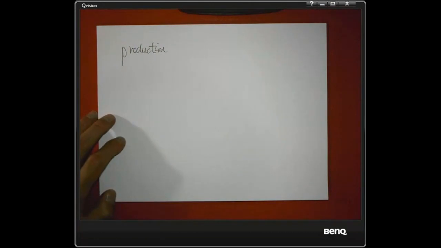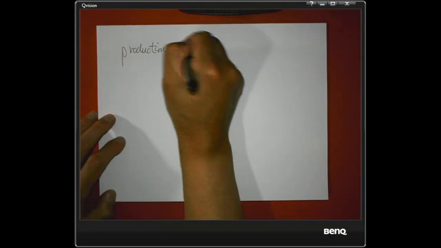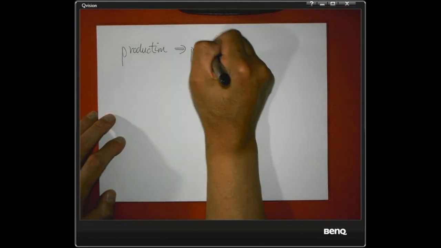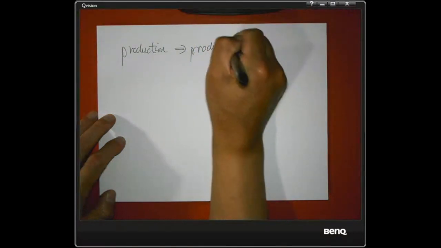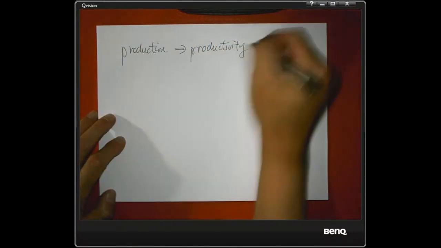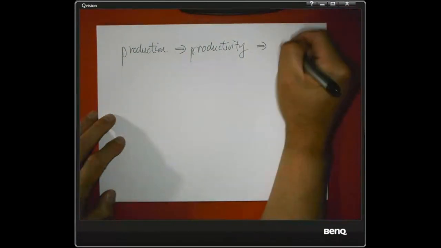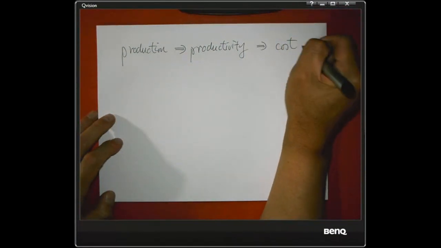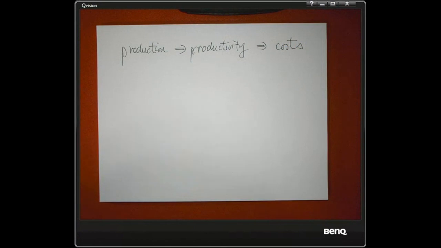First, we talk about production. And from production, we talk about productivity. From productivity, we can tell about the cost.